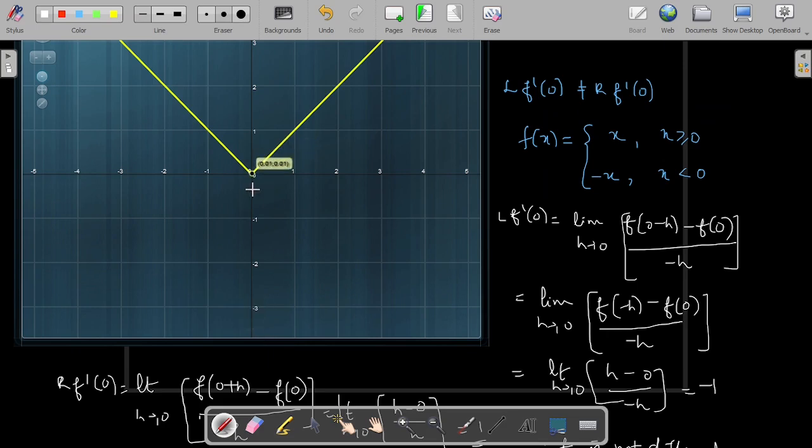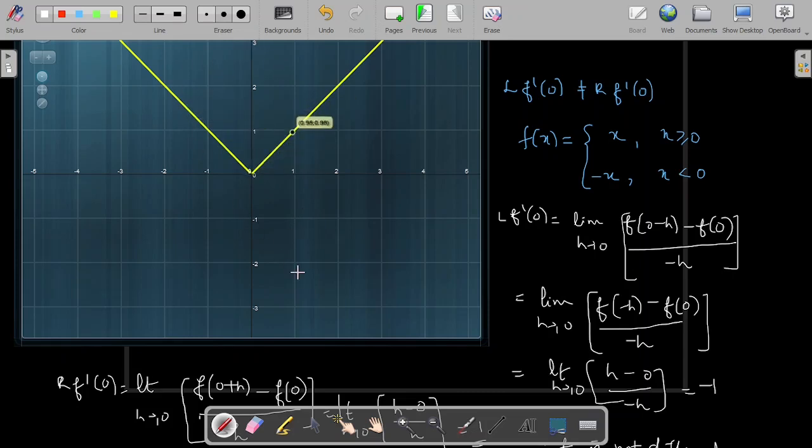The modulus function is not differentiable only at x equal to 0 because it has the kink or sharpness at x equal to 0. At all other regions, the function is behaving normally. So when x is less than 0, the derivative of the modulus function is minus 1. When x is greater than 0, the derivative is plus 1. And at x equal to 0, the function is not differentiable.